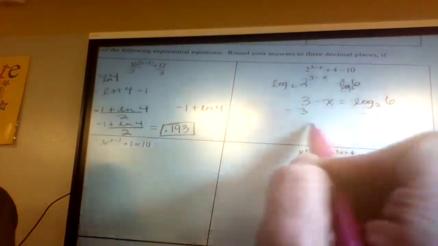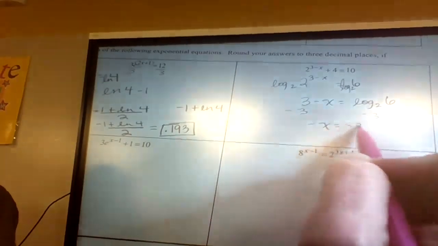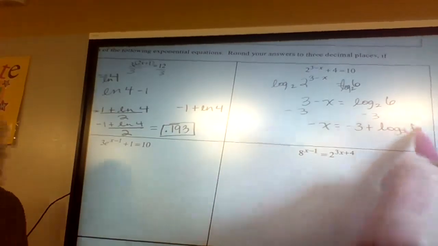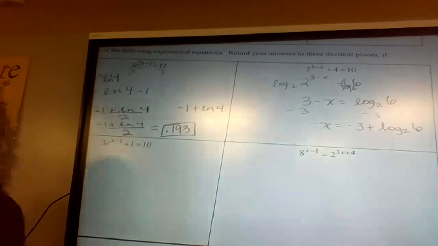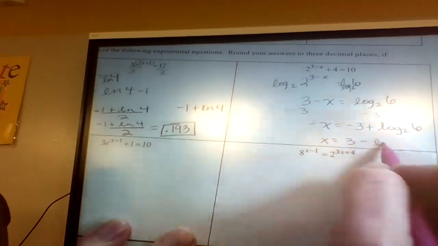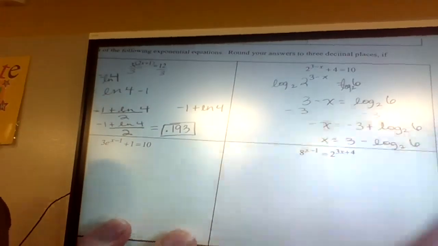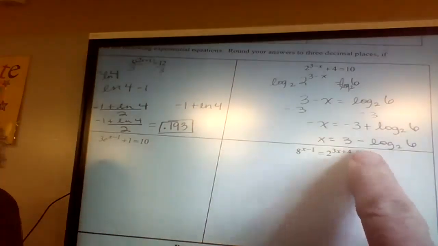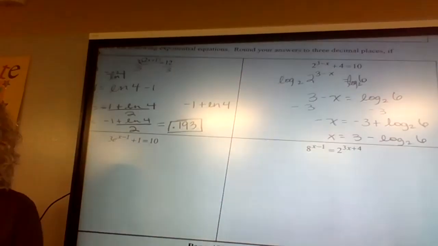I'm going to stick that in the front, since sometimes we have trouble knowing what's part of the argument and what's not. And since that's a negative, it's going to change all the signs. That's my exact answer right there. And then put it in the calculator.